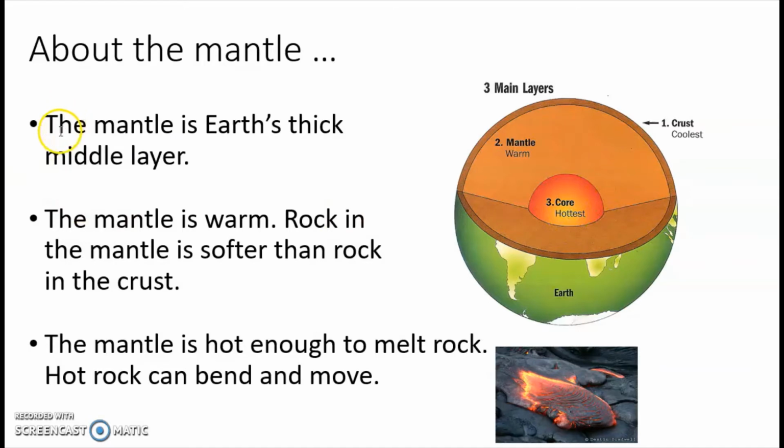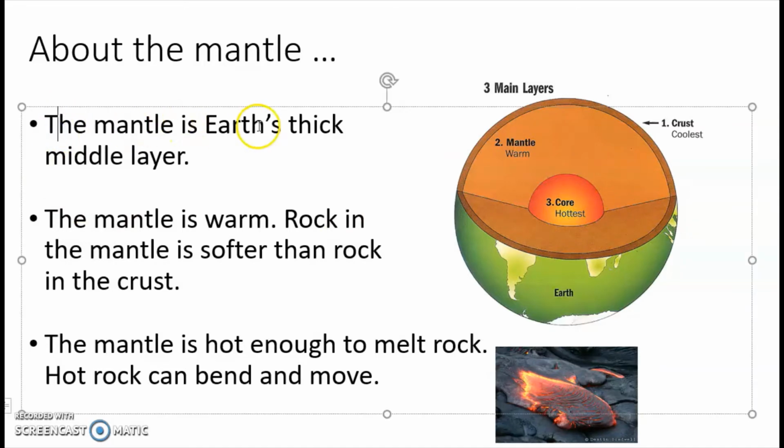Okay, about the mantle. The mantle is Earth's thick middle layer. The mantle is warm. Rock in the mantle is softer than rock in the crust. So because this is warm, the rock can sometimes melt in there.